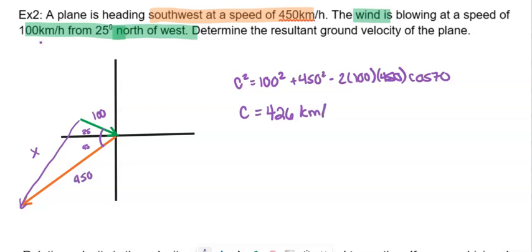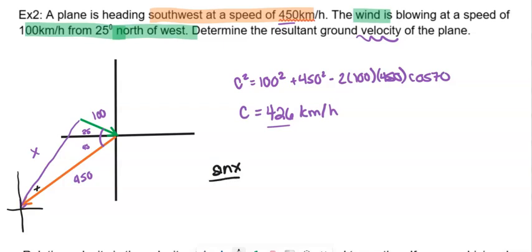I'm going to do a little check. Is the wind helping or hindering? In this case, the wind is hindering, so 426 less than 450 makes sense. Because I am looking for a resultant ground velocity, I need to know the direction of this guy here. So I'm going to draw another little compass right here in order to help me see what's happening. I'm going to use sine law to get this angle here.